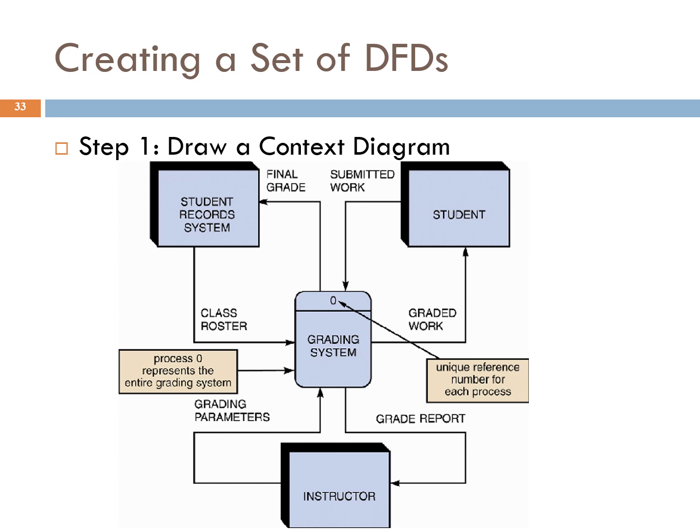The reference number is 0, so we know this is the context diagram. It has only one process, which is process 0, and it represents the entire system. So what system is this? You look at process 0, you know it is a grading system, and this grading system has 3 entities, and these are the main data flows within the system.